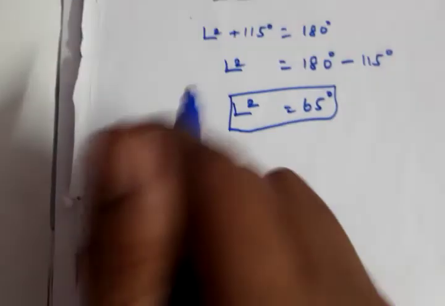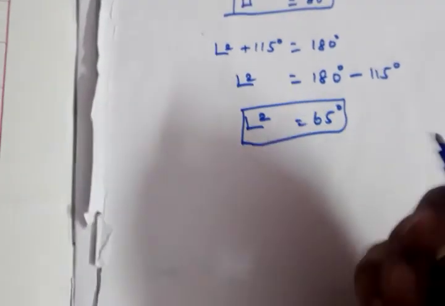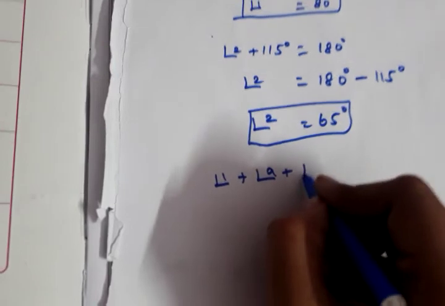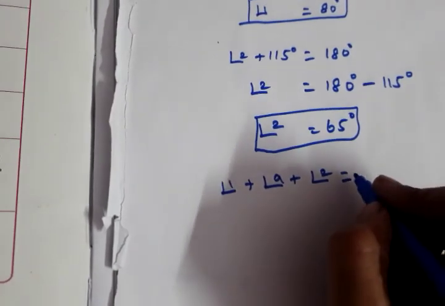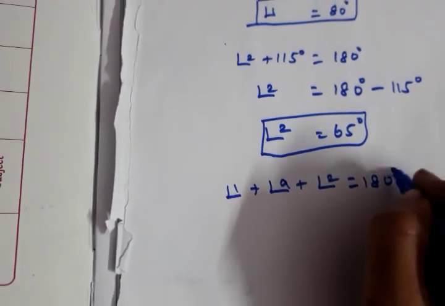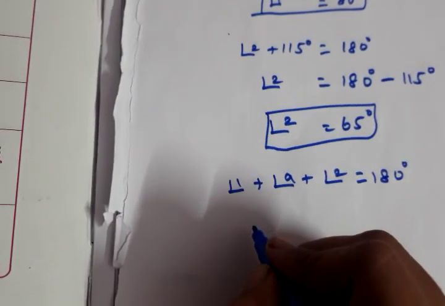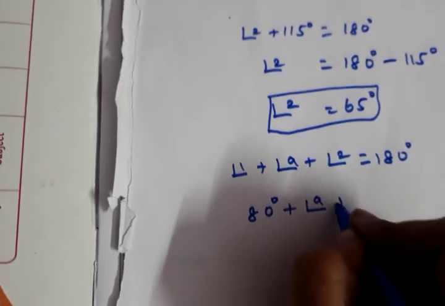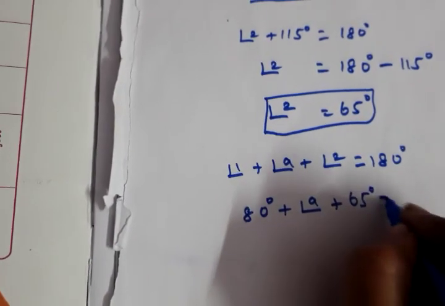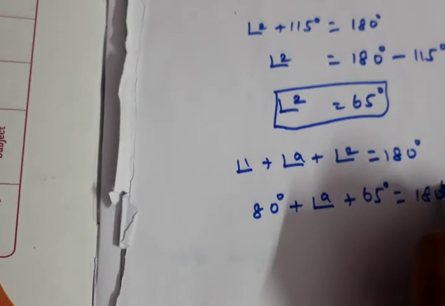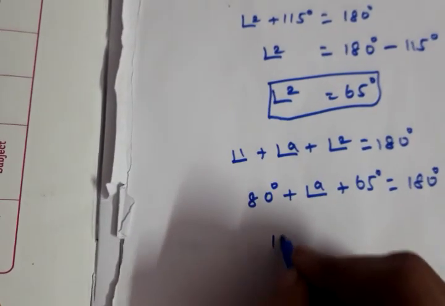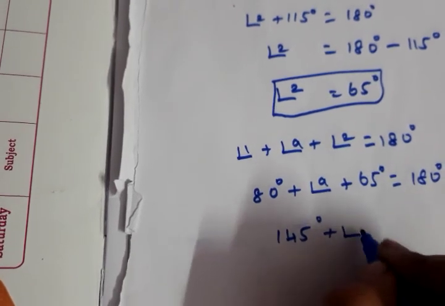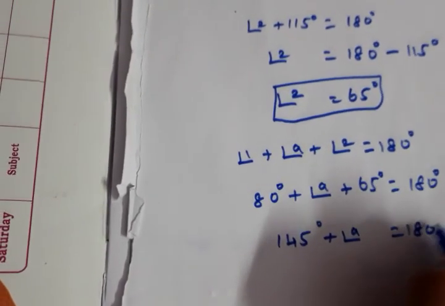Then angle 1 plus angle A plus angle 2 equals 180 degrees. So 80 degrees plus angle A plus 65 degrees equals 180 degrees. 80 plus 65 is 145 degrees, plus angle A equals 180 degrees.